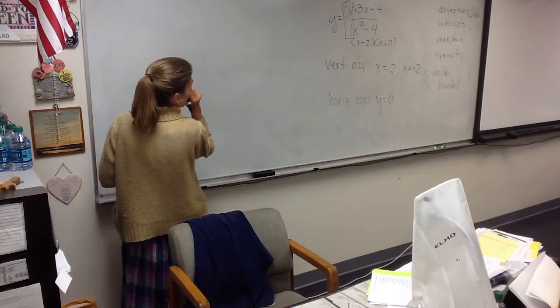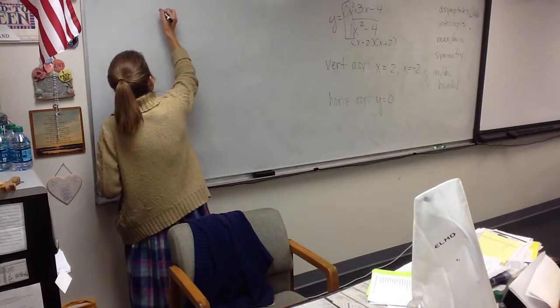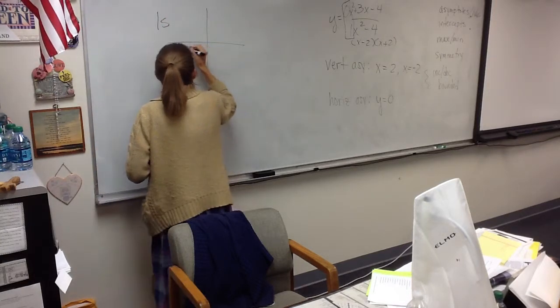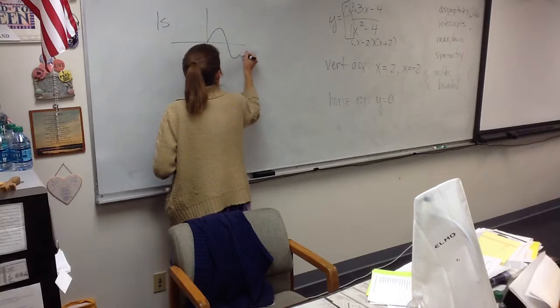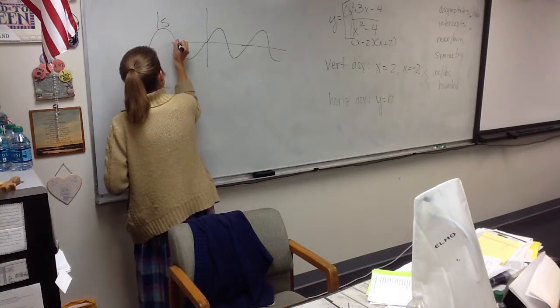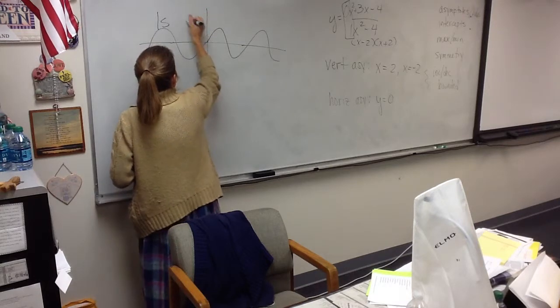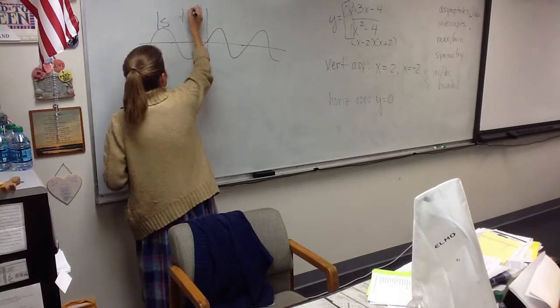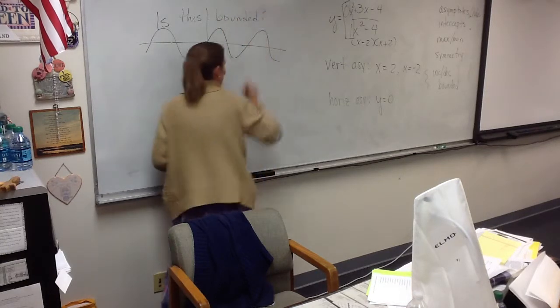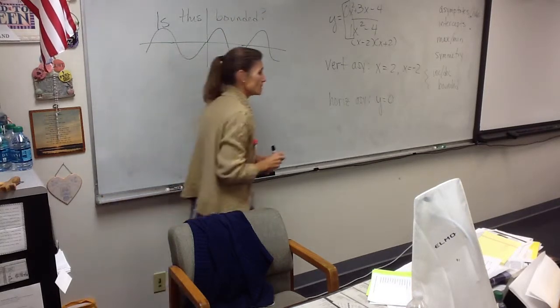Let me see, trying to find a question. Let's see. How about, this will be your classic sine curve. We'll learn about this a little bit later. Is this bounded? What would be your answer to that question? Is it bounded?